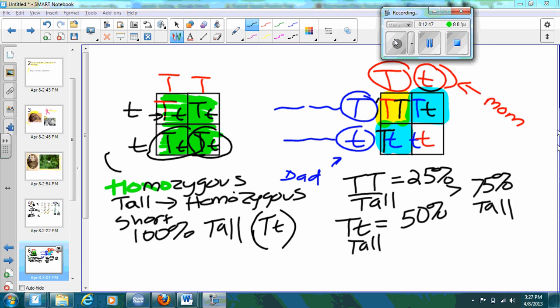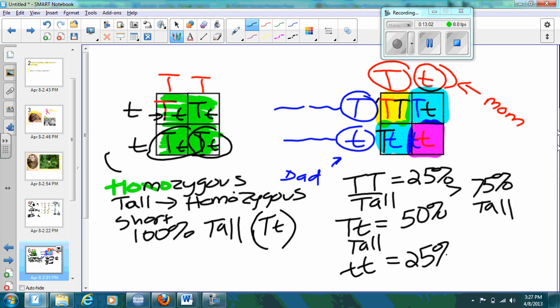Now, let's look at the short ones. So over here, this box, only 25%, okay? Little t is equal to 25%. So it's one box out of 4. 1 out of 4 is equal to 1/4 is equal to 25%. Okay?